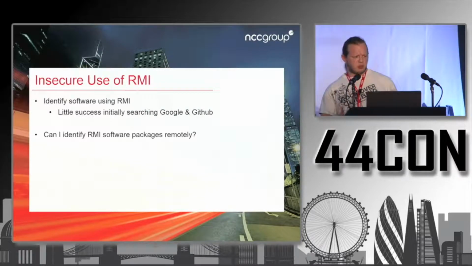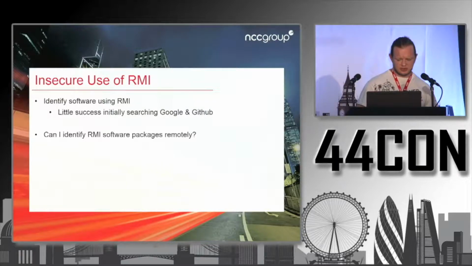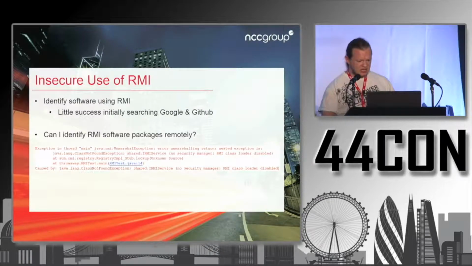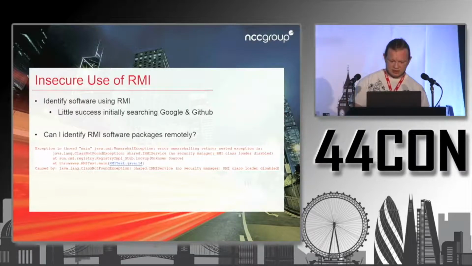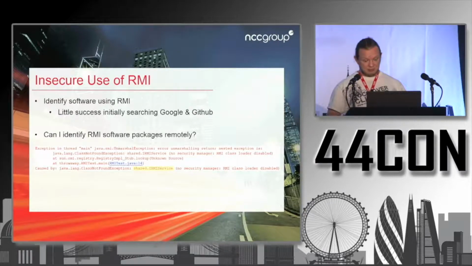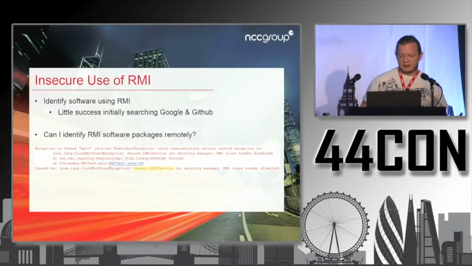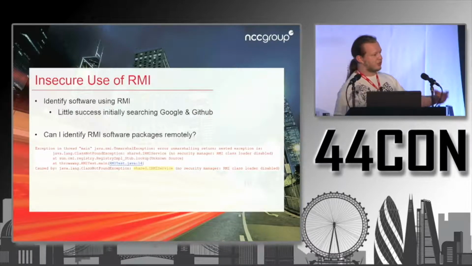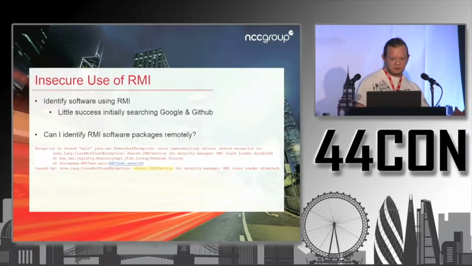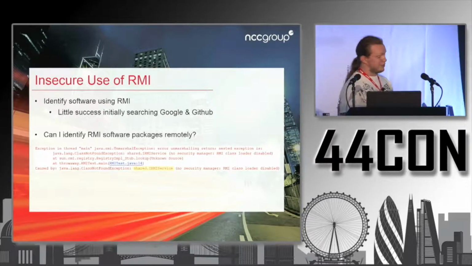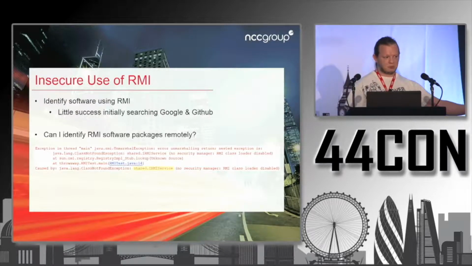Now, during one of my tests whilst playing around with this kind of stuff, I'd got some exceptions back like this. And the key thing to note there is that the exception that had been fired as a result of me trying to look up a remote object was a class not found exception telling me the fully qualified class name of the remote object.